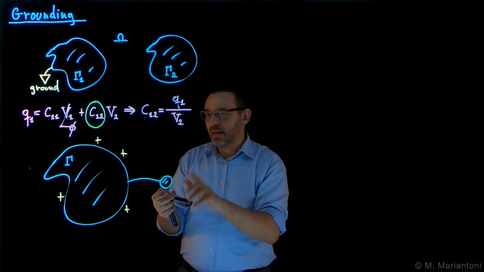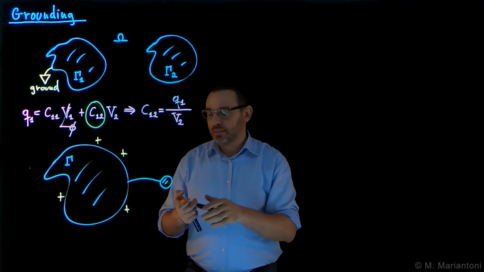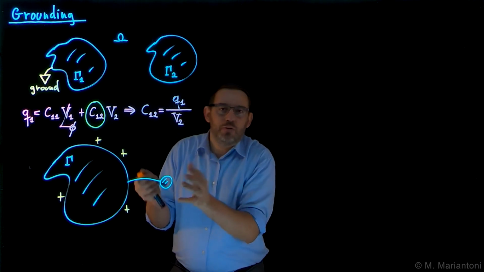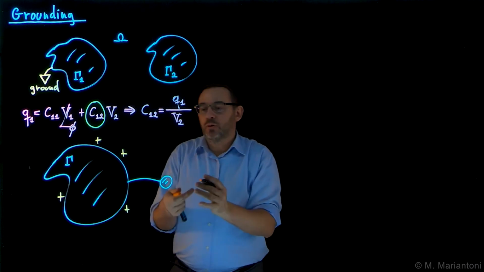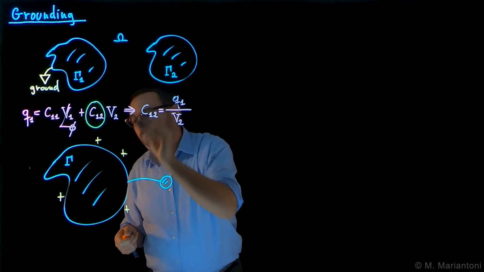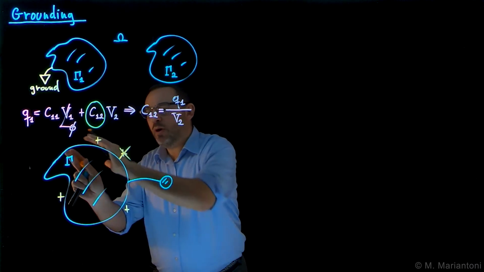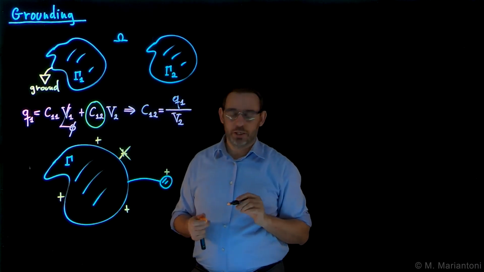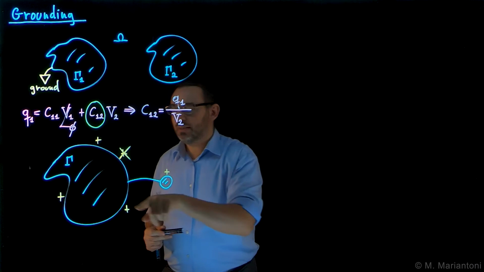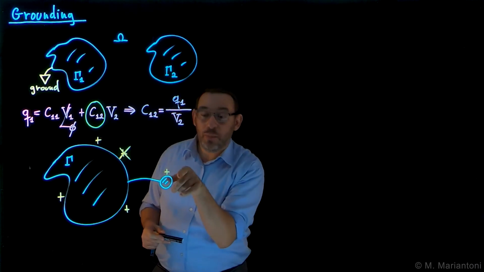I will not give you the details here, I want you to think about it. If this is pretty small, of course it depends exactly on the geometry, you can cook it up in such a way that one of these charges goes away from this capital Gamma object and resides on this small object. Of course, charge is conserved, I still have 4 charges, just one migrated to this small object.